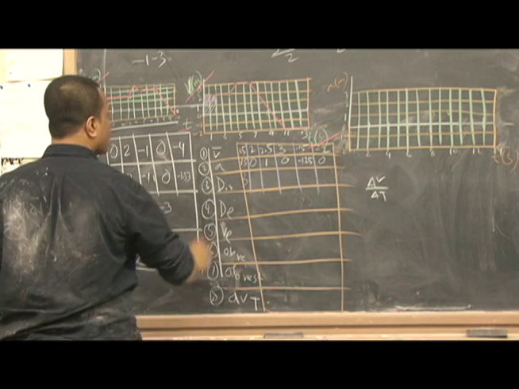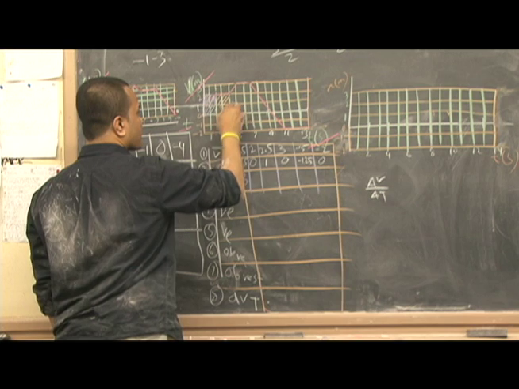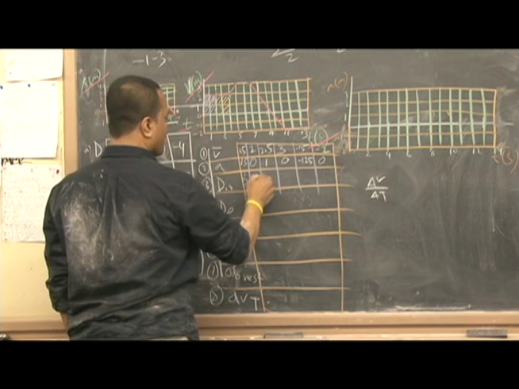The next one, so length is 2, width is 2, so 4.